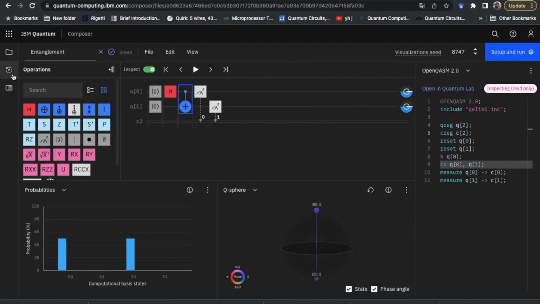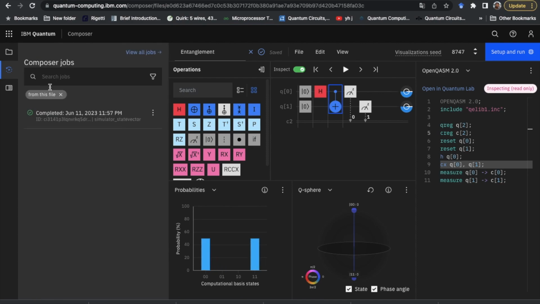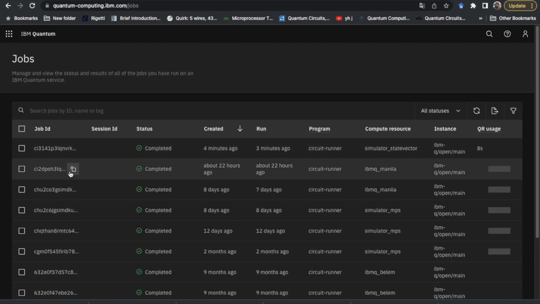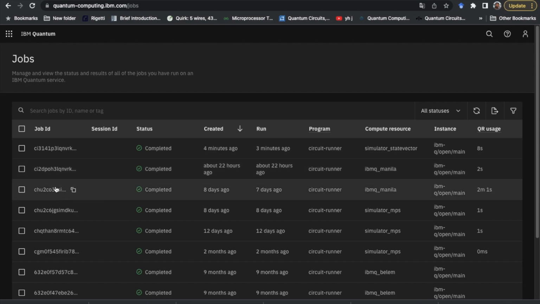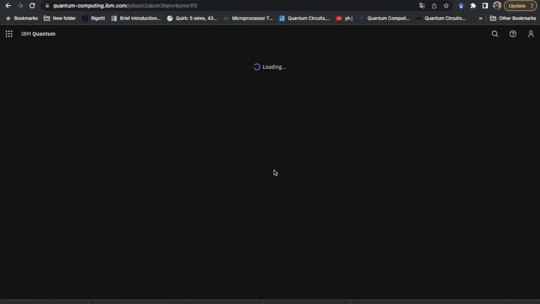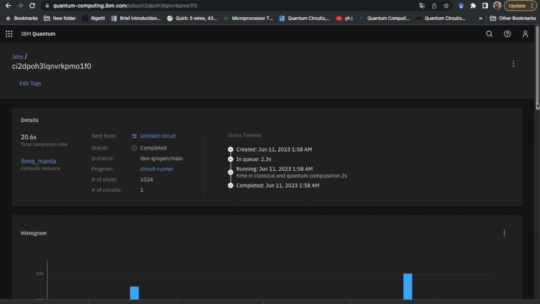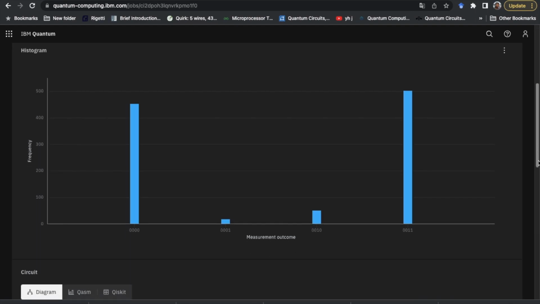Now see, in the IBM Q Manila, this is the output of the real quantum computer.